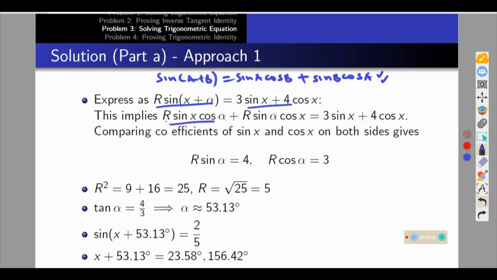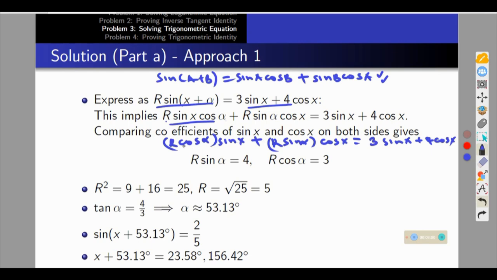The coefficient of sine x on this side is r cos of alpha, because when you rearrange, you have r cos alpha sine of x plus r sine of alpha cos of x. So you are equating this to 3 sine of x plus 4 cos of x.